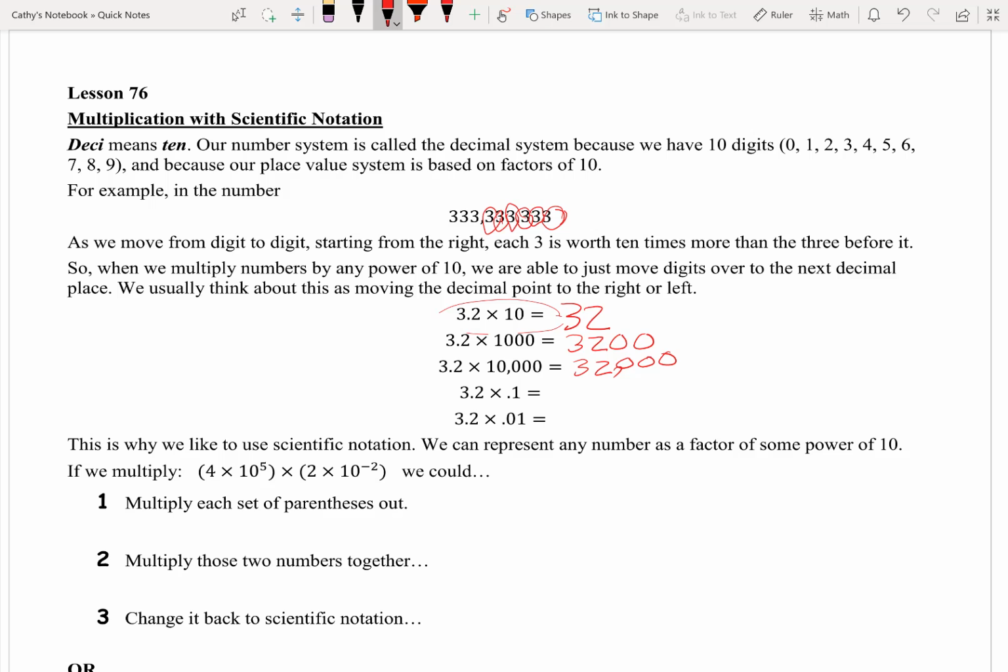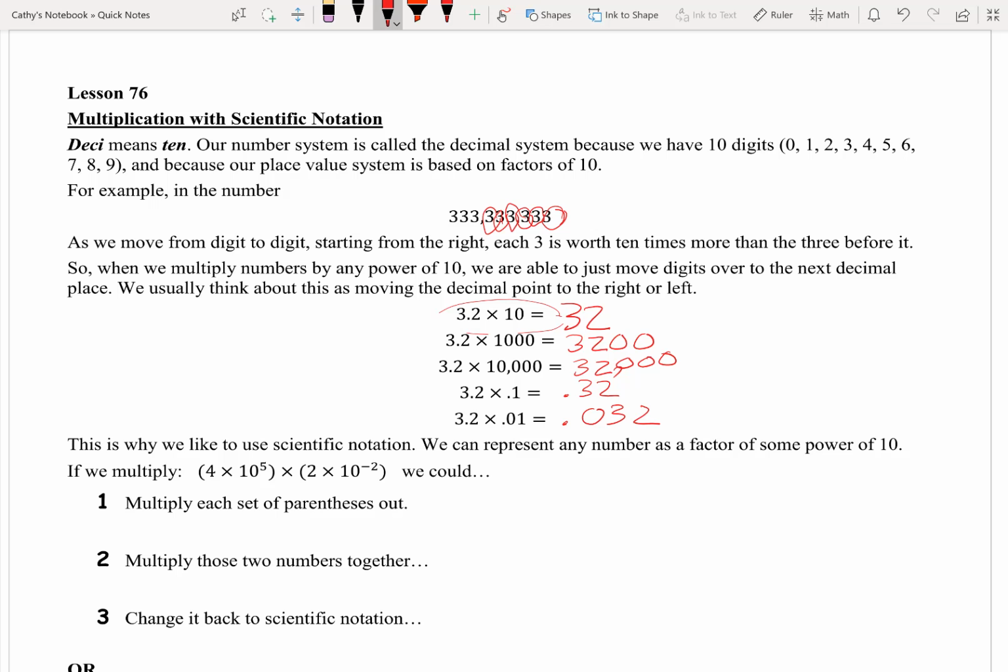So each time you multiply by a power of 10, you're moving the decimal point. If it's a power of 10 or greater, then you are going to move it to the right. If it's something like 1/10 or 1/100th, you move that decimal point to the left. So for example, here you've got 3.2 times 0.1 or 1/10. That means you're going to move the decimal point 1 place to the left and get 0.32. If you multiply 3.2 by 1/100th, you'll move that decimal point 2 to the left, so 0.032.